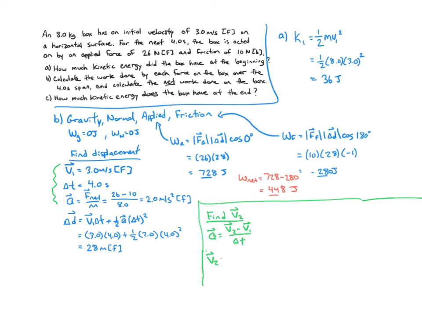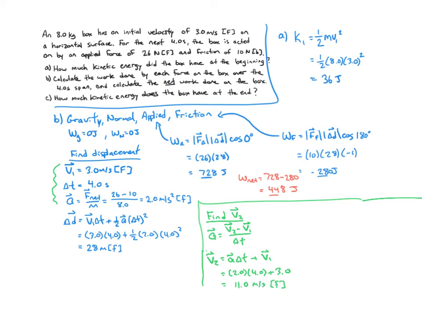So that'll be multiply both sides by time to get acceleration times time, and then add v1 to both sides. Fill in the values. 2 for acceleration, 4 for time, plus 3 for v1. Okay, and that equals 11.0 meters per second.